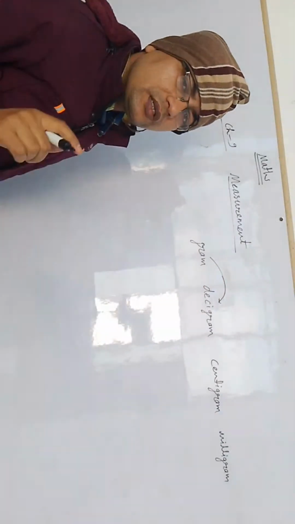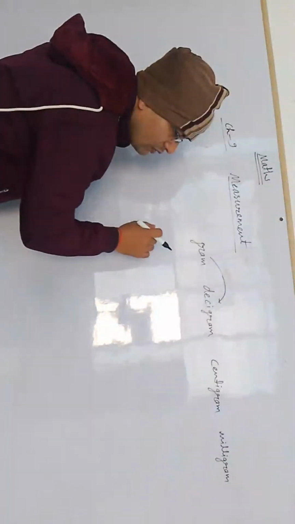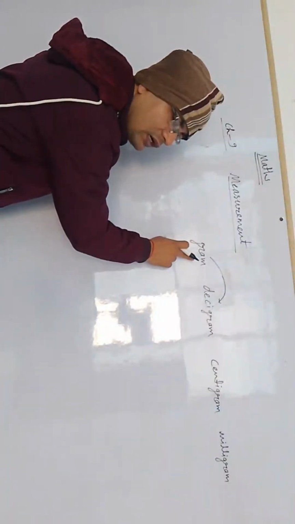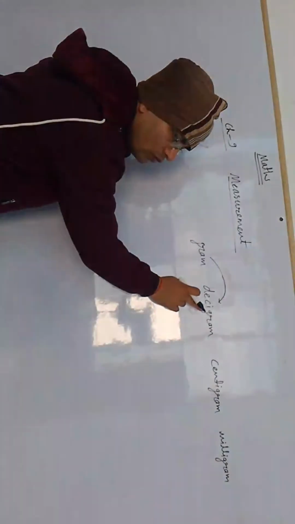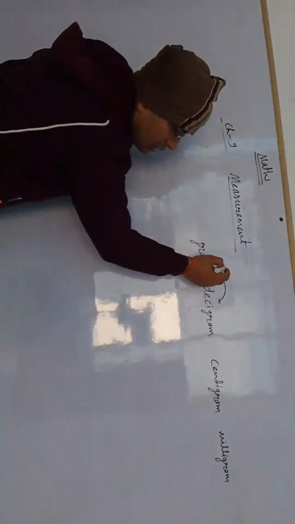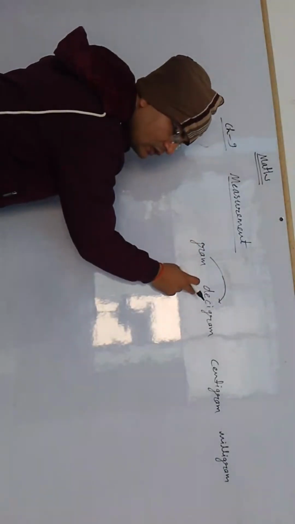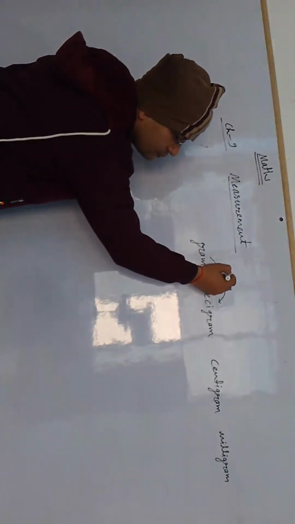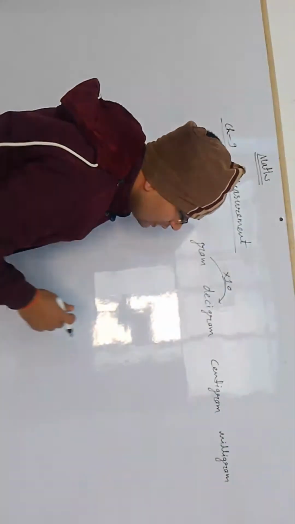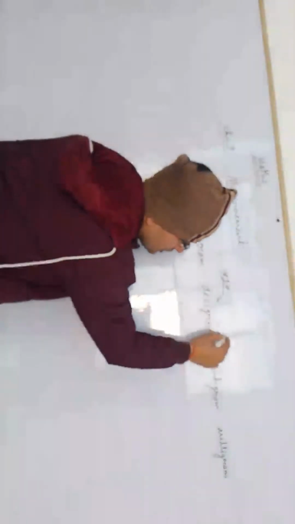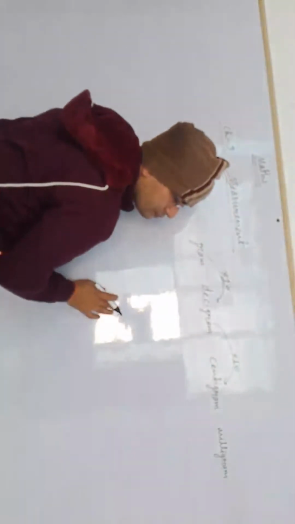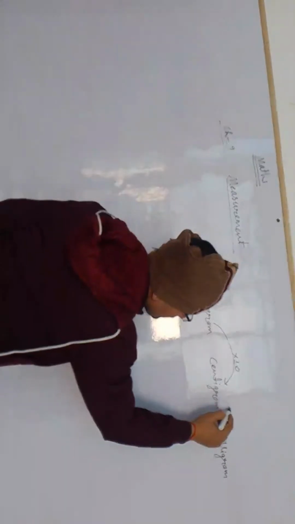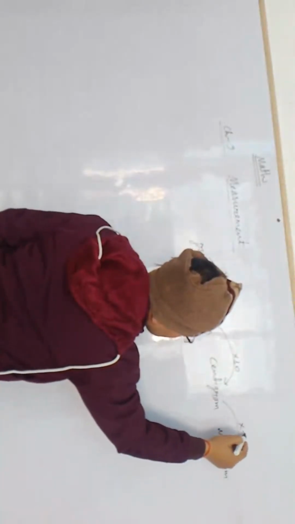If we go towards the right side, in 1 gram there is 10 decigram. In 1 decigram there is 10 centigram. In 1 centigram there is 10 milligram.